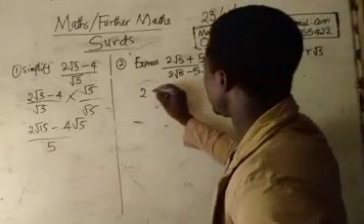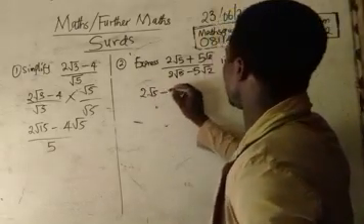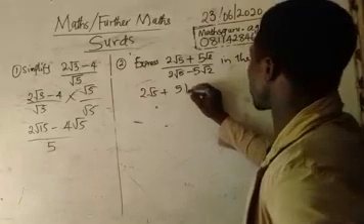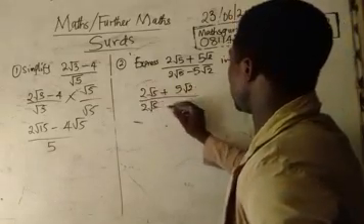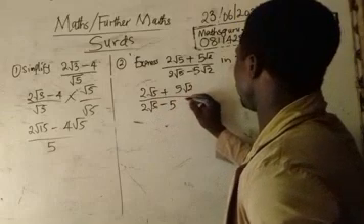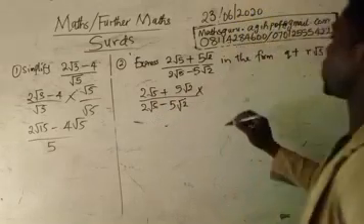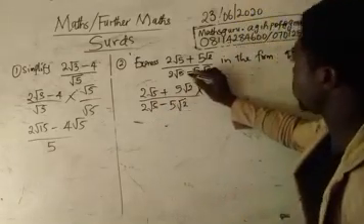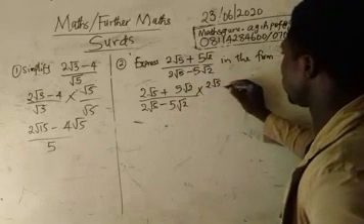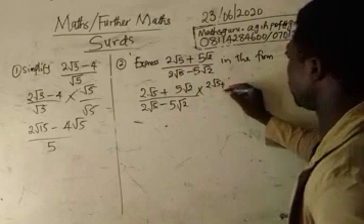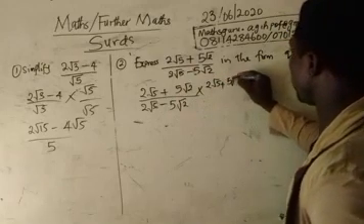So we have 2 root 5 plus 5 root 2 over 2 root 5 minus 5 root 2. Everything should be multiplied by the conjugate of what we have here, 2 root 5 plus 5 root 2.